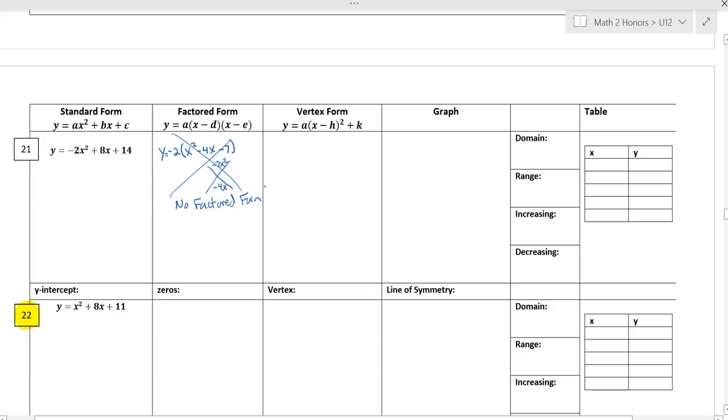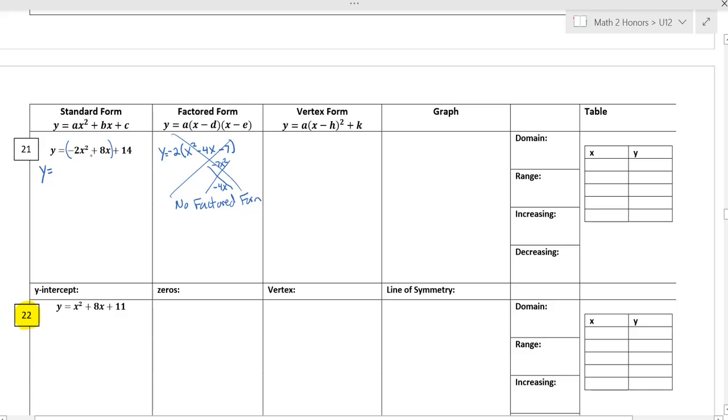Okay, so then there's a need to complete the square. So I'm going to go through the steps for completing the square again. First, you put parentheses around the parts that have the x or the x squared, so your quadratic term and your linear term. Then you factor a out of the parentheses. So a is -2.